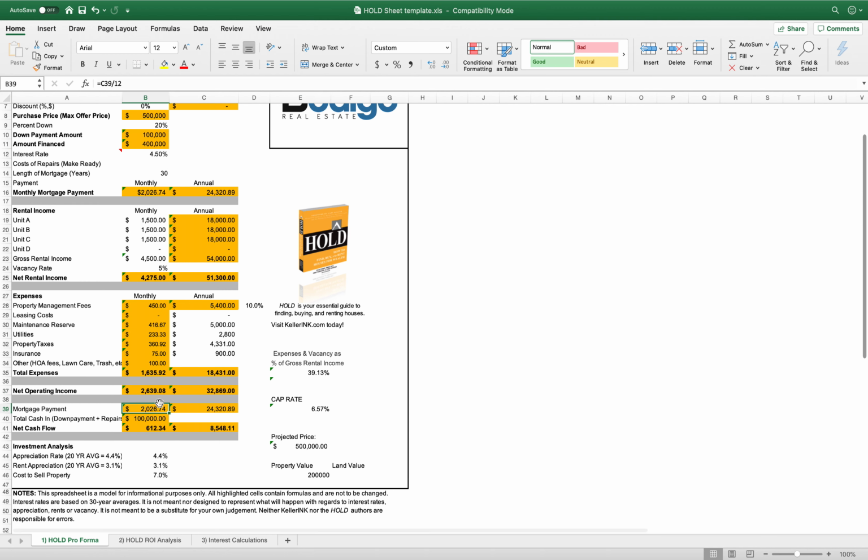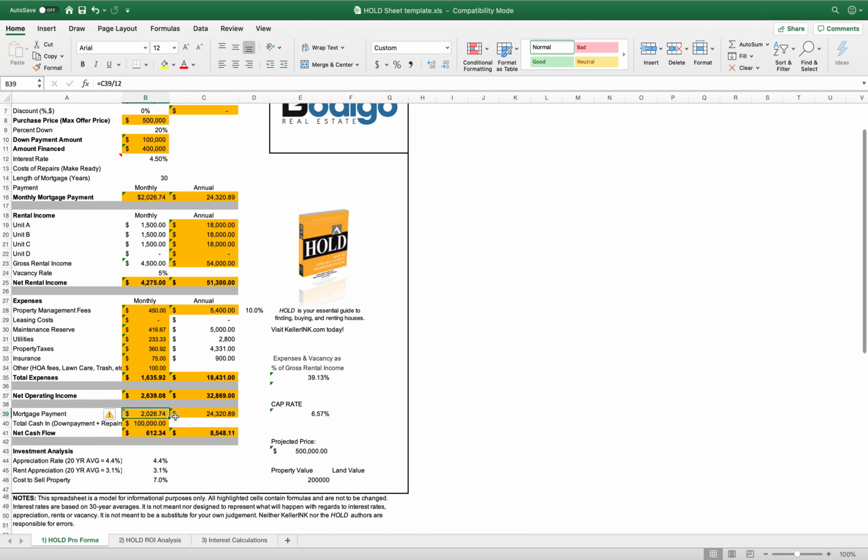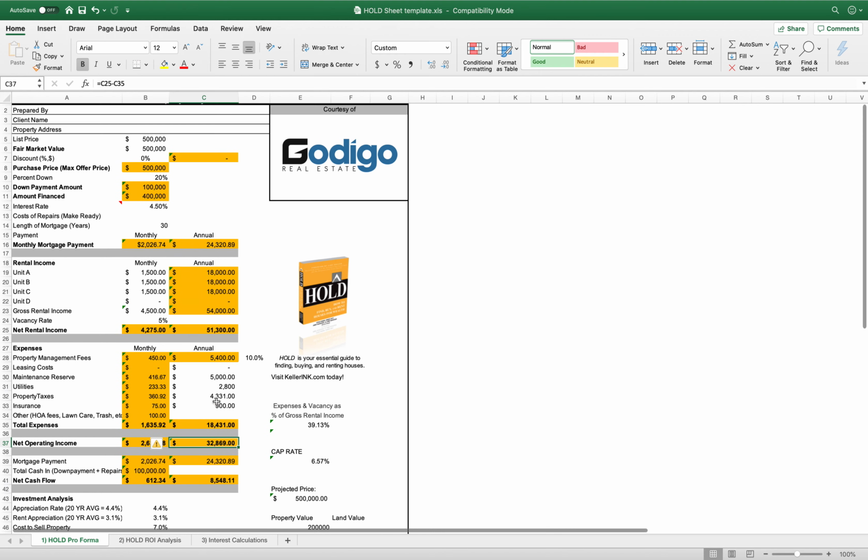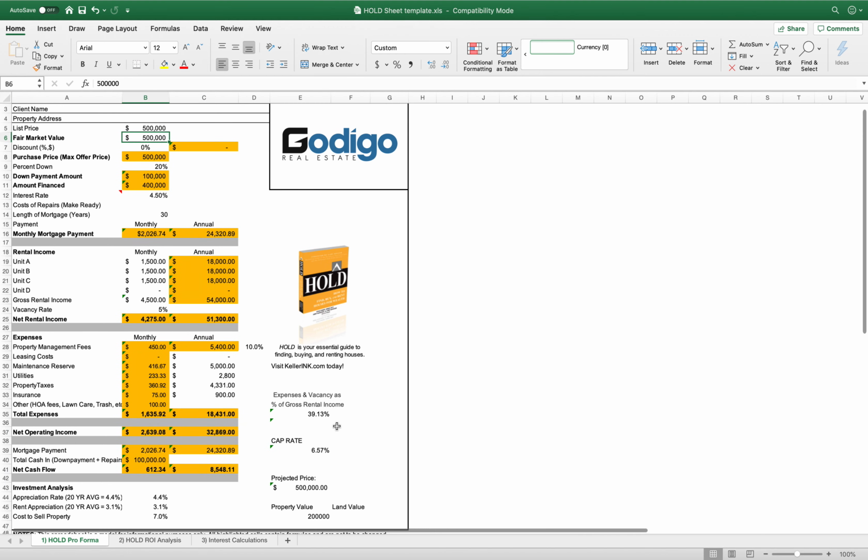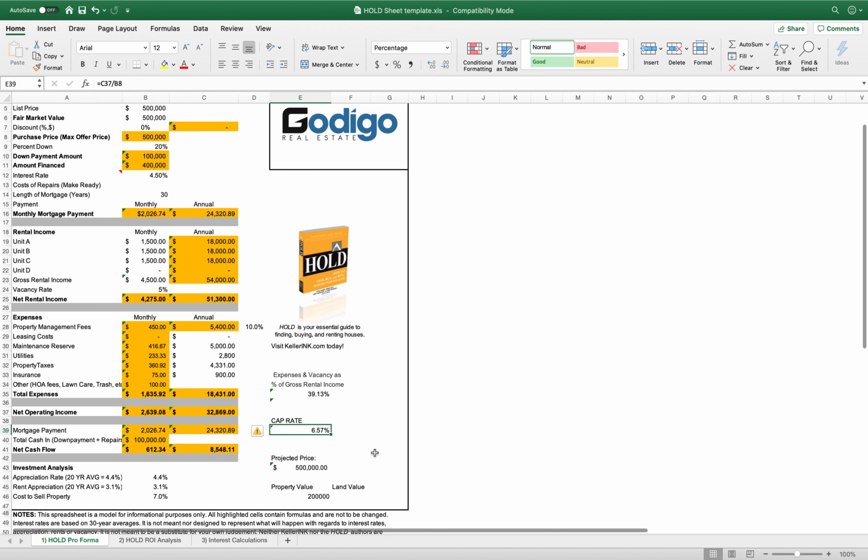Your mortgage payments, or your debt service, has nothing to do with this. We're just looking at your yearly net operating income divided by your acquisition price. And that's how you get the cap rate. Now 6.57% is pretty good, at least around the King County area.